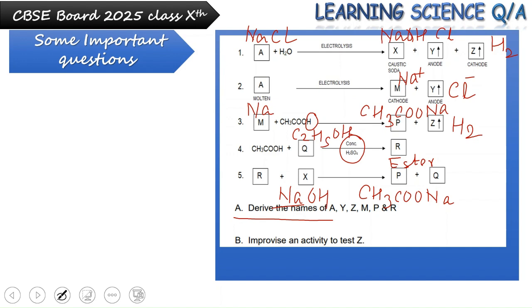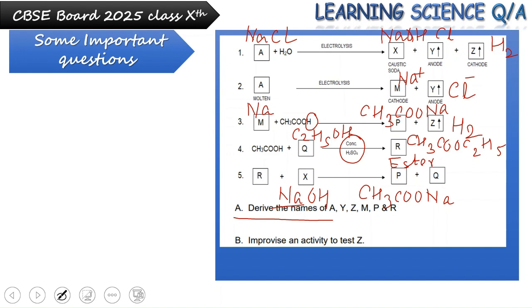When acetic acid and ethanol react in presence of concentrated H2SO4, we get an ester, ethyl acetate, and the ester is CH3COOC2H5, which is ethyl acetate or ethyl ethanoate.